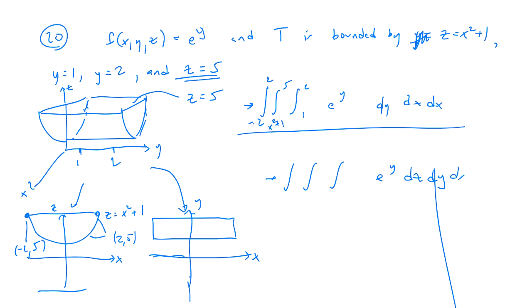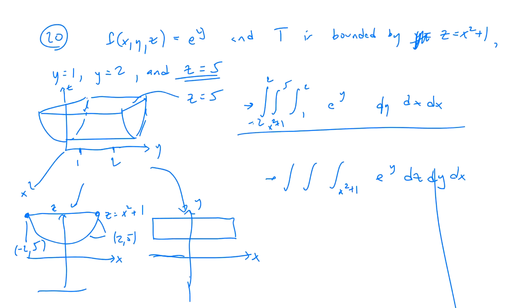Now, since I start with dz, I'm looking for what is the bottom function and what's the top function. And you can see something happens here where, on the two-dimensional ones, I said you shouldn't assume it's true. But here, the bottom limit for z would be just the bottom function, which is x squared plus 1.